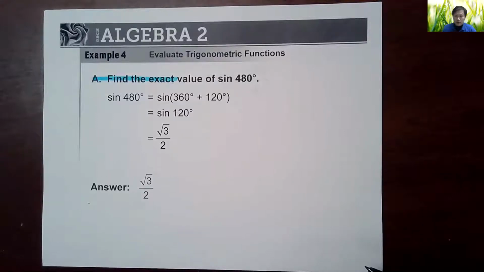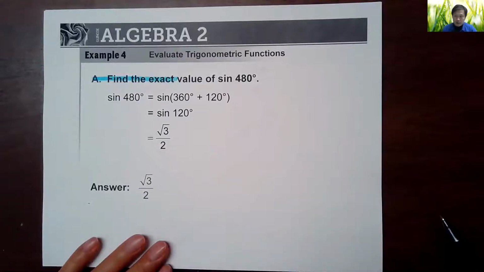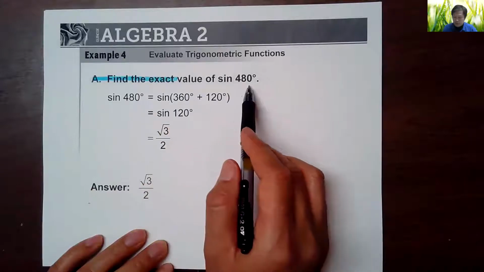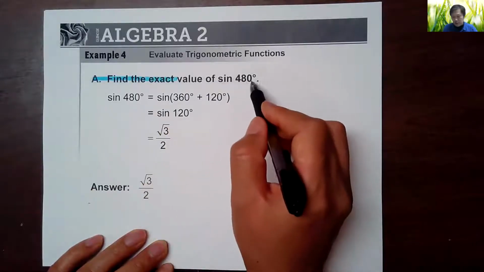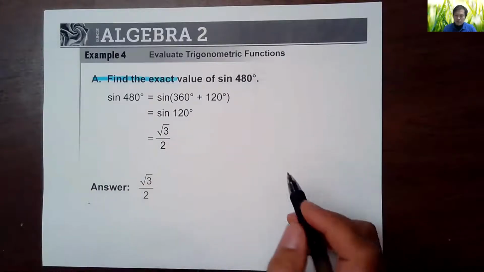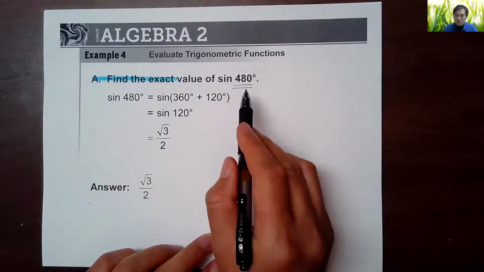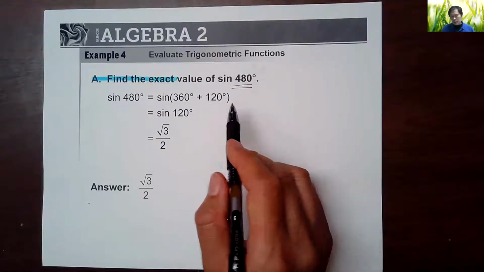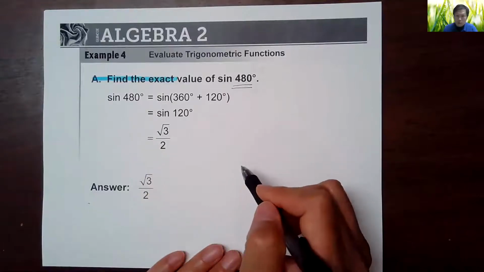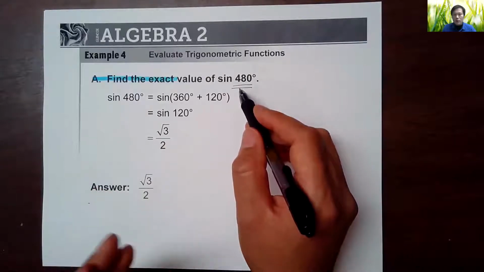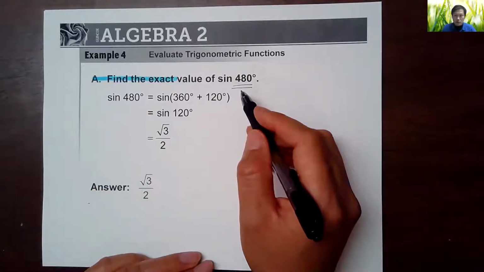Okay, again, this is very similar to a review from a previous lesson. Only difference is find the exact value of sine 480 degrees. This angle 480 degrees is bigger than 360, so it's easier for you to find the coterminal angle. Coterminal angle means you can add 360 or subtract 360 as many times as you want.